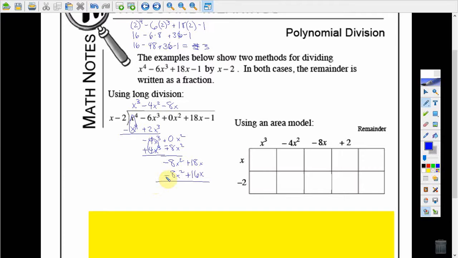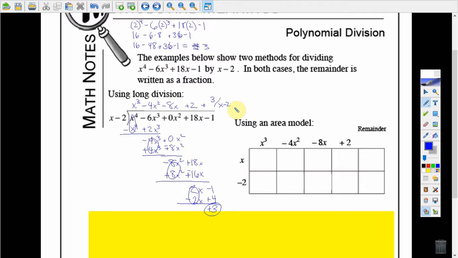Subtract those. That becomes 0, this becomes 2x, bring down the negative 1. So I need to multiply that by positive 2, which makes this 2x minus 4. Subtract those, and I end up with 3 as my remainder, which I can write as plus 3 over x minus 2.